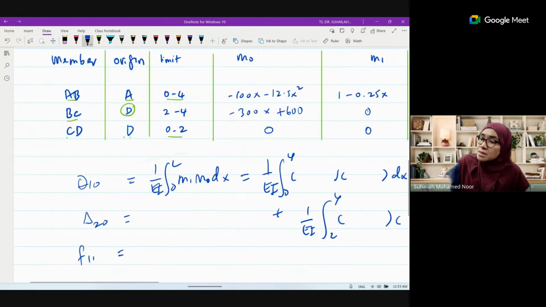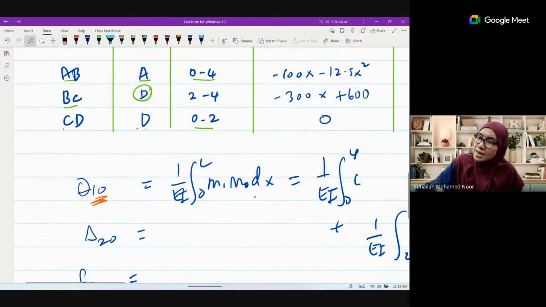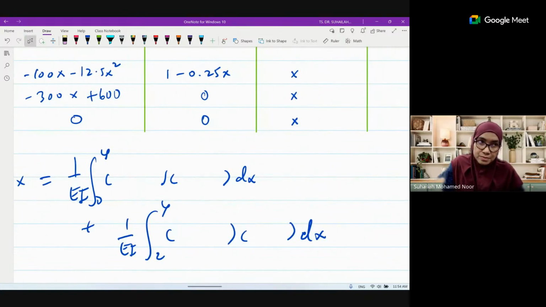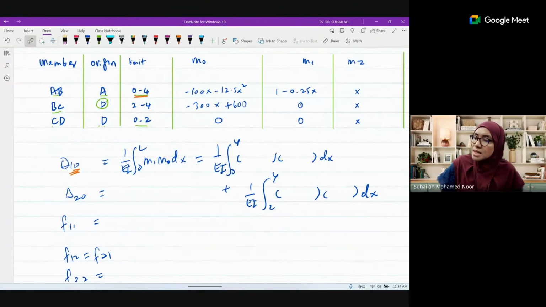Okay, sebab apa? Kita tengok ni, delta one note dah tahu dah. Delta one note means kita akan integrate M1, M0. Kan tengok depan ni dah cukup dah. Okay, we integrate to get the displacement. Okay, limit dia ada yang dah ada kat sini, limit 0 to 4. Kan? So tak payah rewrite all over again. Sebab bila you rewrite balik satu, you akan buang masa. Satu lagi akan ada possibility salah transfer.